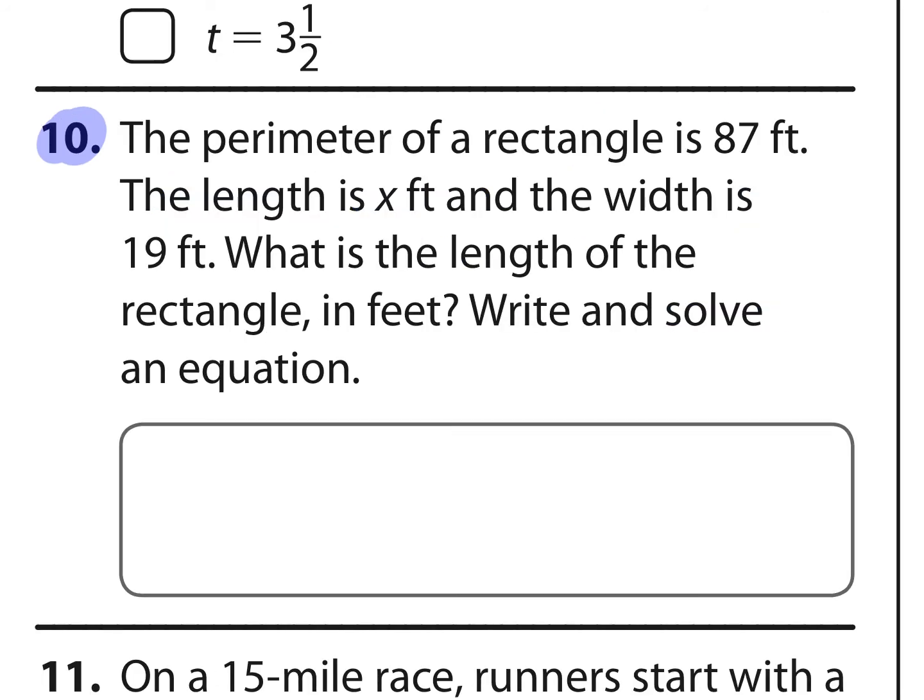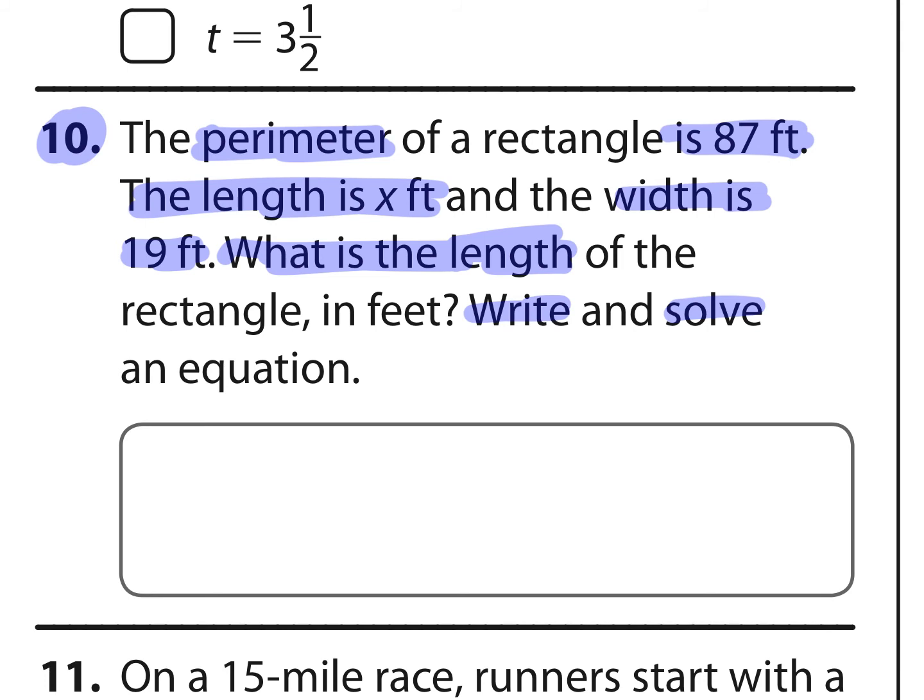Number 10, the perimeter of a rectangle is 87 feet. The length is x feet, and the width is 19 feet. What's the length of the rectangle in feet? Write and solve an equation. So let's just start with a fact of what we know about the perimeter of a rectangle.